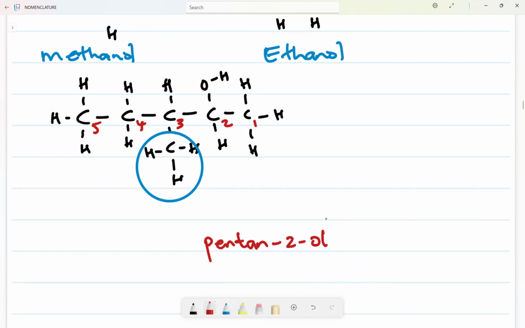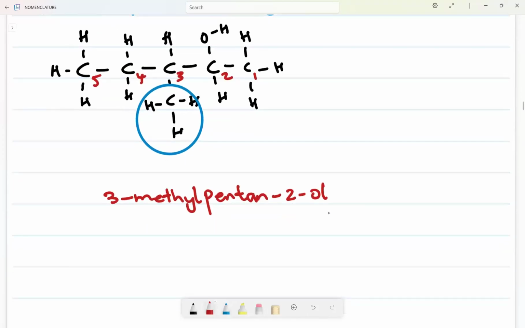Then I'm not done. I also have a branch on carbon number 3, and that branch is meth. So I'll have 3-methyl. 3-methylpentan-2-ol. So it is like this. Some people say they don't want to talk about that one. No, it's fine. 3-methylpentan-2-ol.